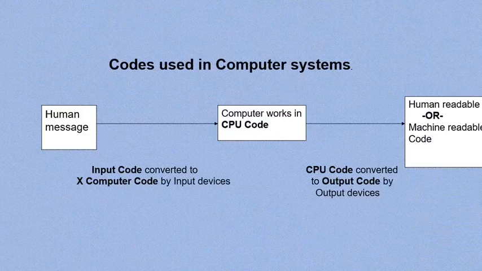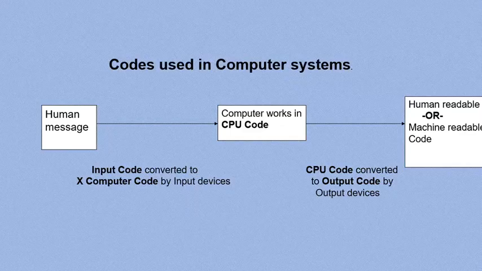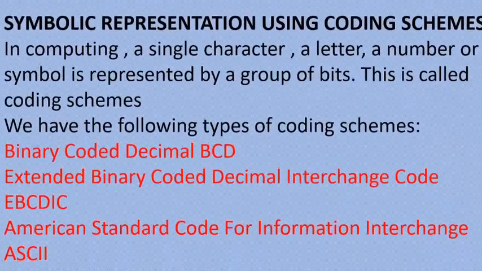Therefore, codes used in computer systems, you can look at whatever happens. We have a human message, then the computer works in the CPU code, then the machine readable code is actually now given to the machine for processing. Then we also need to know something still on this subtopic, coding.